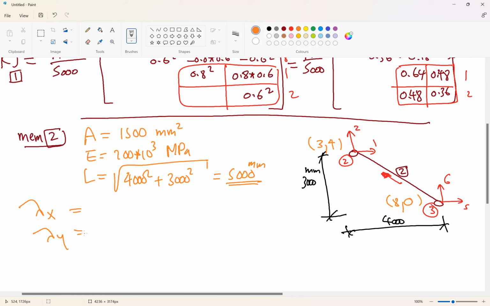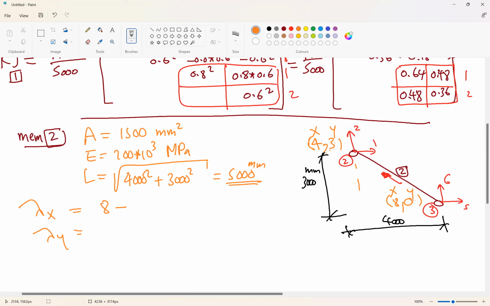Lambda x will be, the start is 3, so 8 minus, sorry, this is 4 and 3, not 3 and 4. Because this is x, we start with x, and second is y.